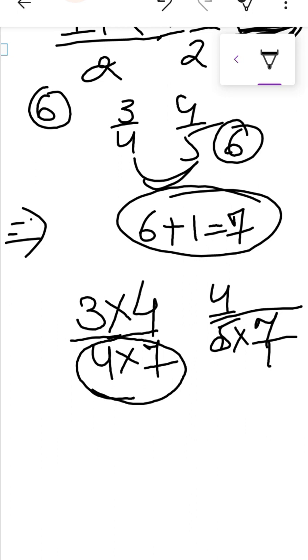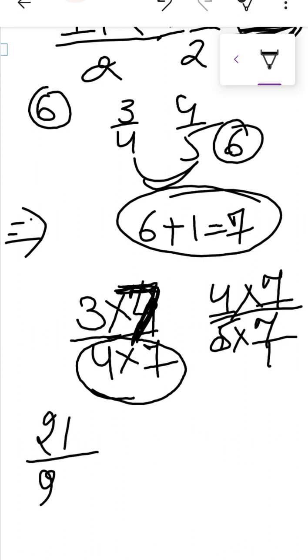It means if you are multiplying any number in the denominator or numerator, you have to multiply that number in the numerator or denominator. So this will be 7, this is not 4, this will be 7. 21 by 28. And suppose this is not 5, this is 4.